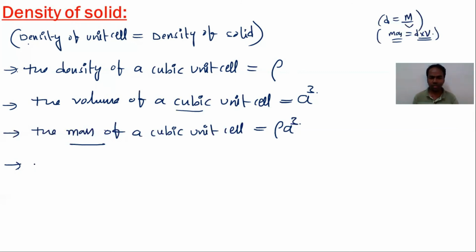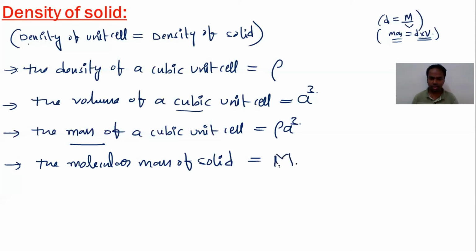Let us take the molecular mass of the solid as capital M, because every solid has its own molecular mass. Then how can you find the number of moles? The formula is number of moles n is equal to given weight or mass by molecular mass.